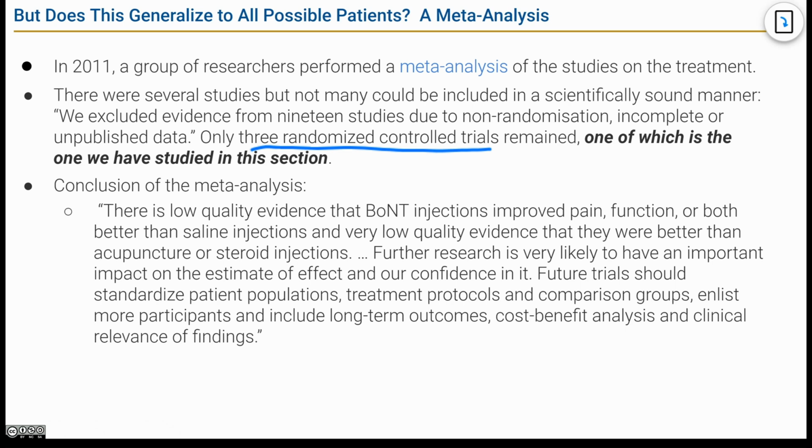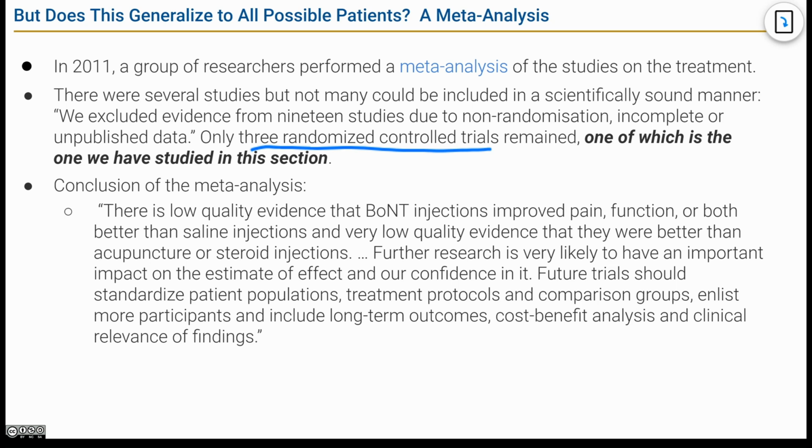And so from those 3 so far, they did not find high enough evidence that these injections improved pain, function, or both better than saline injections. This really just indicates at this point further research is necessary, and or future randomized control trials would be necessary before we conclude with more confidence that this is an effective treatment.